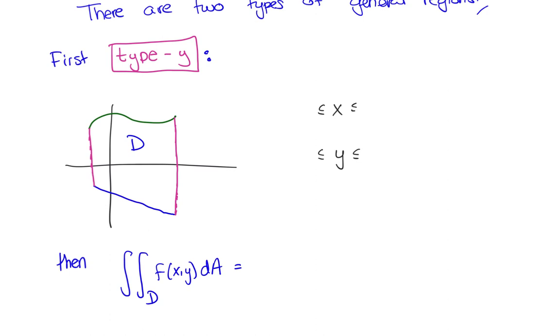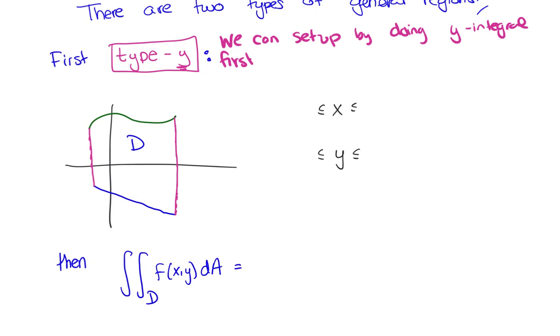Okay, so there are 2 different types of these general regions that we're going to see. One of them is called type y. Thinking about these type y integrals, that just means that we can set it up, we don't have to, but we can, by doing a y integral first. So if it's type y, you can do y first.